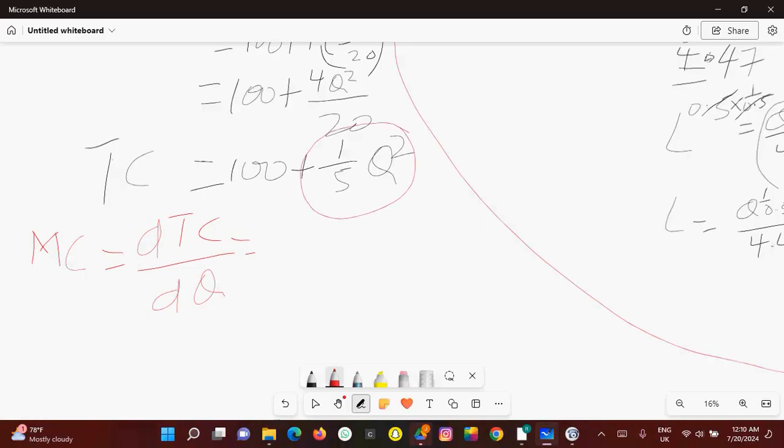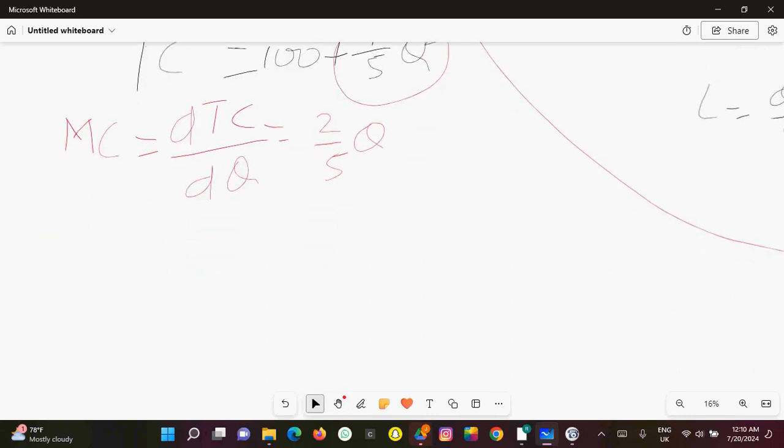Q has a square, so this 2 times 1/5 is giving us 2/5. Now it will be 2 minus 1 at the top here, so it's left with Q. So marginal cost MC is equal to 2/5 Q.